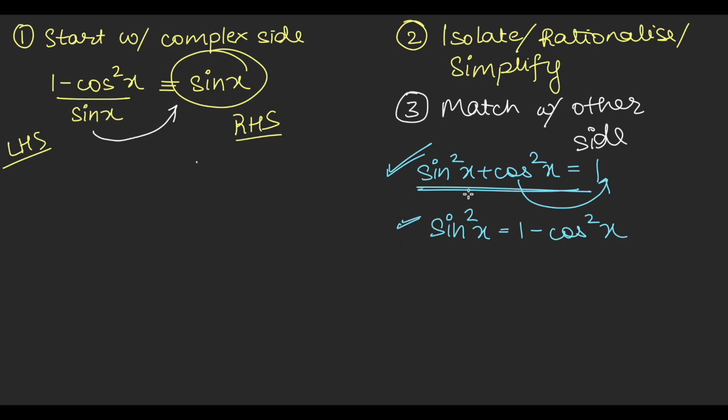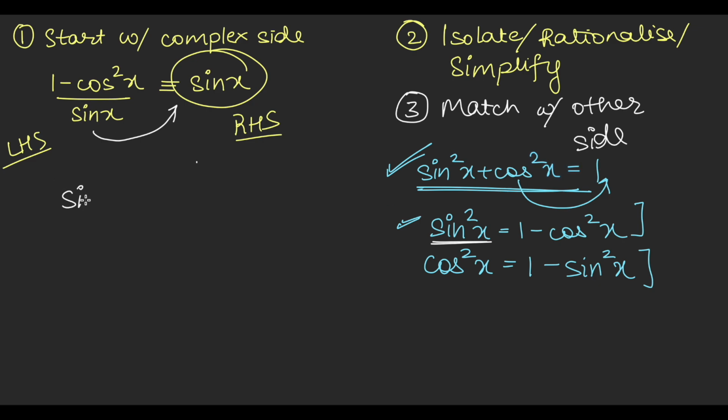But in an actual exam, you should have this on the tip of your fingers: sin² x is equal to 1 minus cos² x and cos² x is equal to 1 minus sin² x. So if you ever see any of these two, that is 1 minus cos² x or 1 minus sin² x, in some other question, the first thing that you need to do is to simplify it to sin² x or cos² x respectively. Now that this is sorted, let's substitute sin² x into this equation.